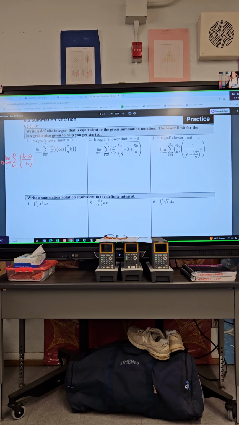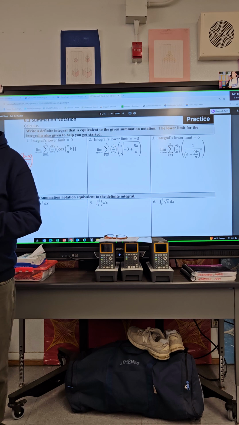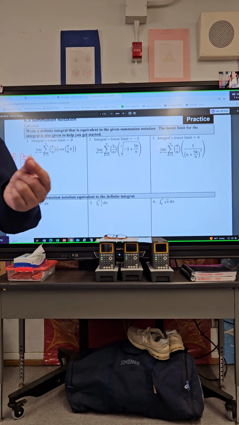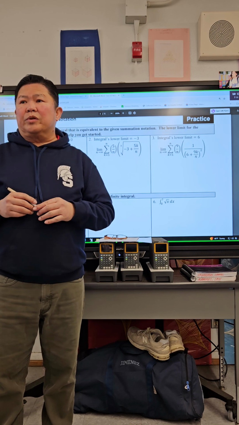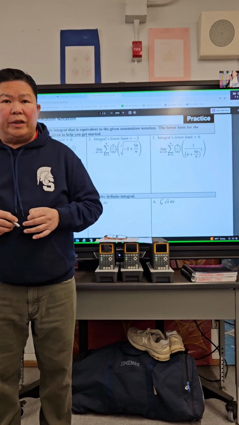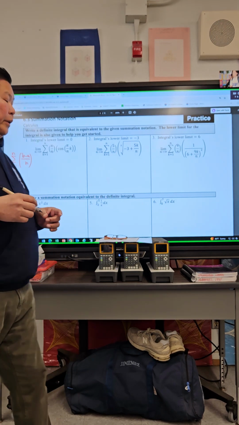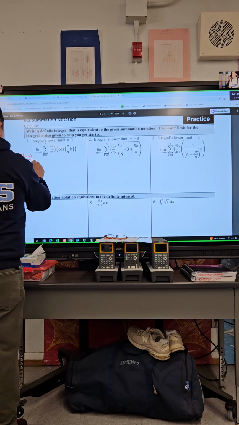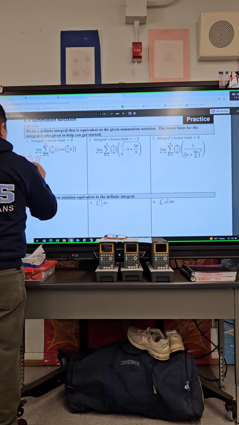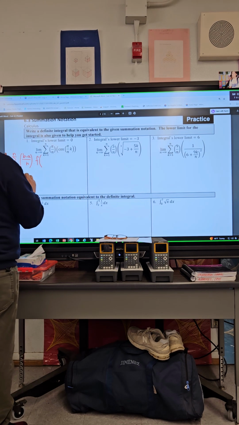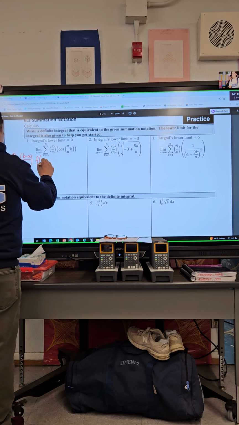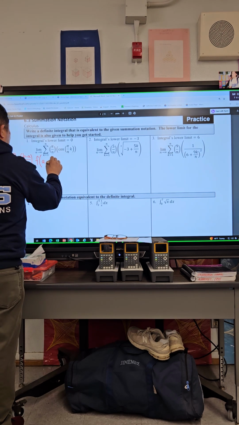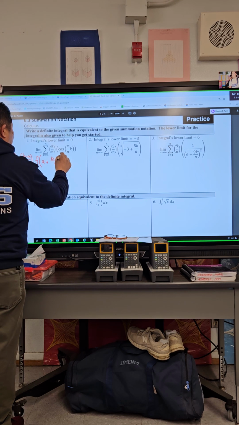N is the number of subintervals, and you have the limits from a to b, so you're gonna subtract the upper limit minus the lower limit, and then times the function itself. We have a, meaning the lower limit, a plus b minus a over n times k.